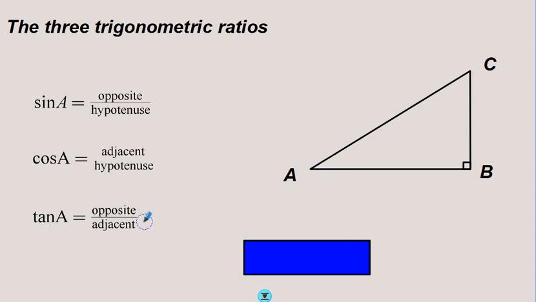Again, cosine A is equal to the adjacent over the hypotenuse, and tan A is the opposite over the adjacent, which is in this case BC divided by AB.